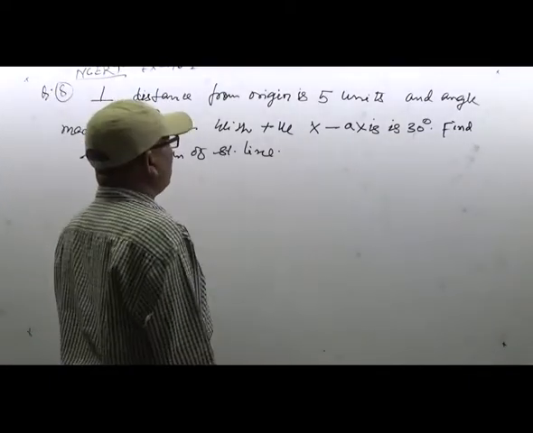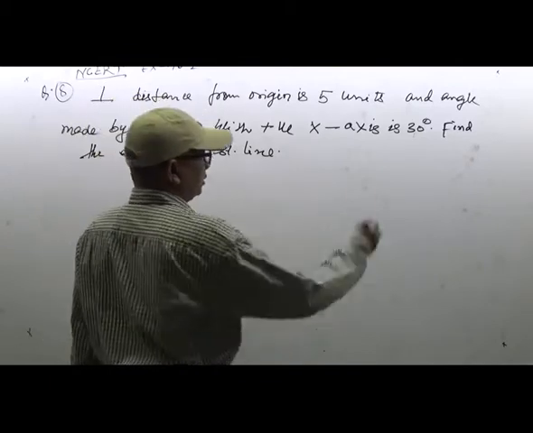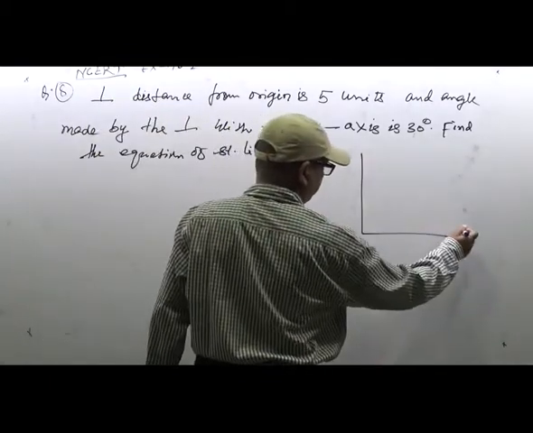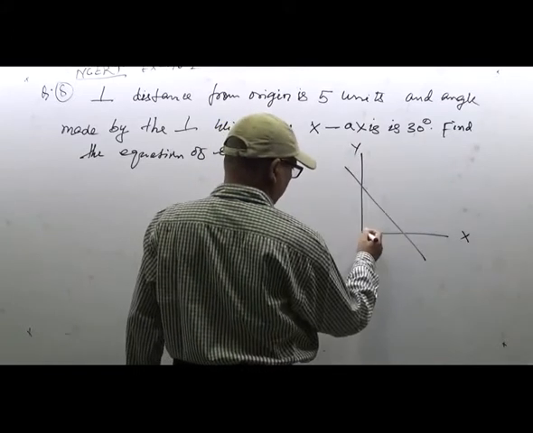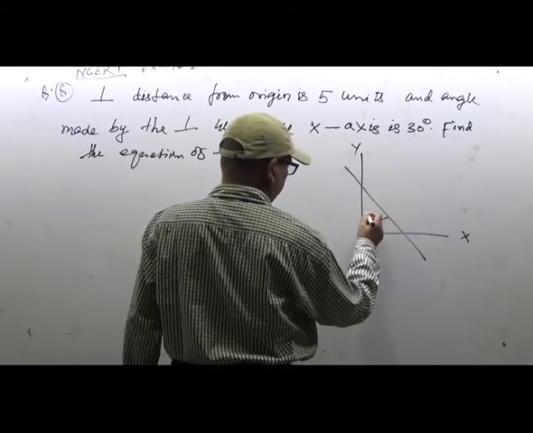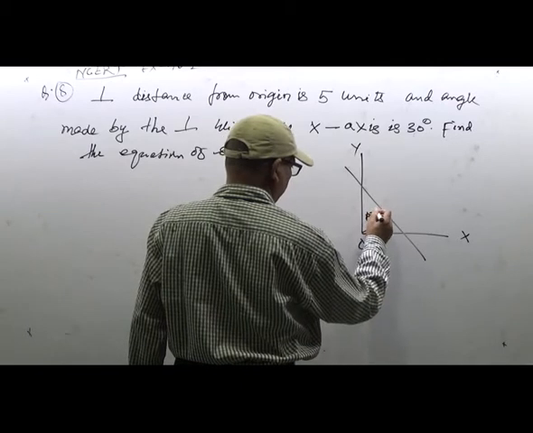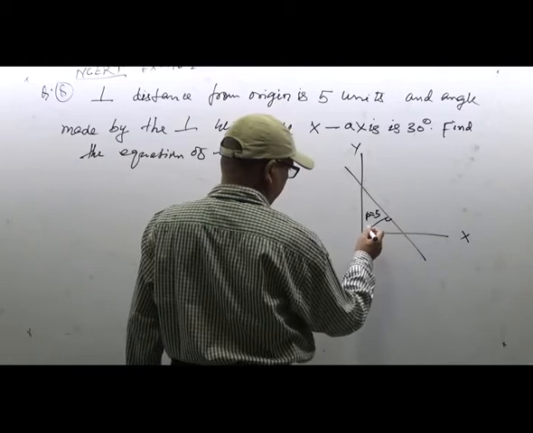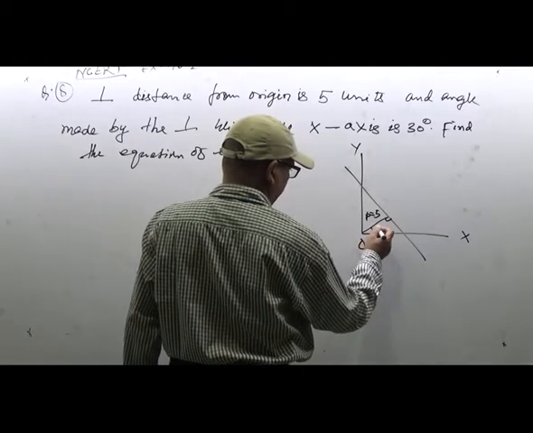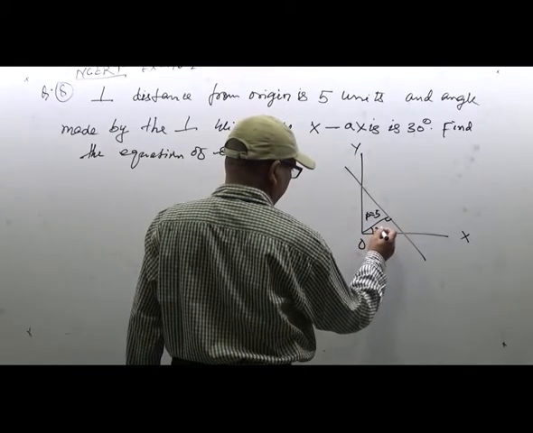Perpendicular distance from origin is 5. कोई स्ट्रेट लाइन है, इसमें लेंथ ऑफ परपेंडिकुलर P इक्वल टू 5, ये 90 डिग्री, और ये एंगल बनाता है 30.